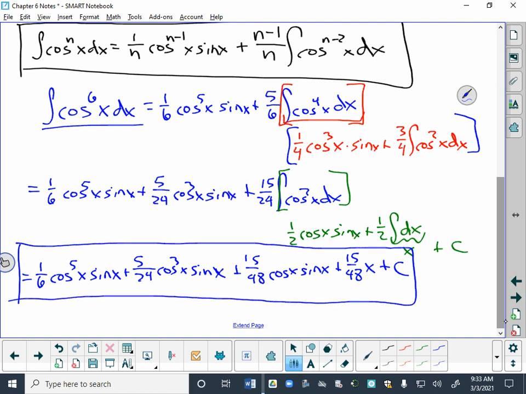And that is the antiderivative of cosine to the 6th x, making use of one of the reduction formulas.